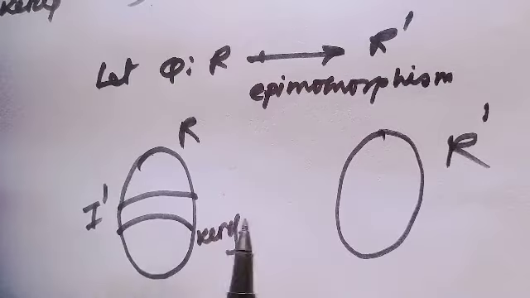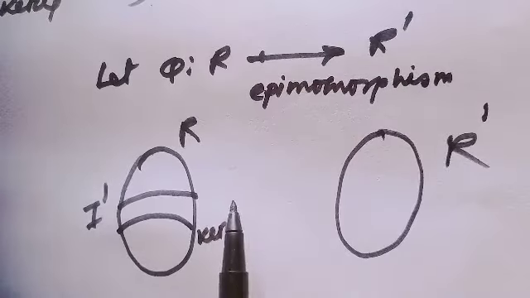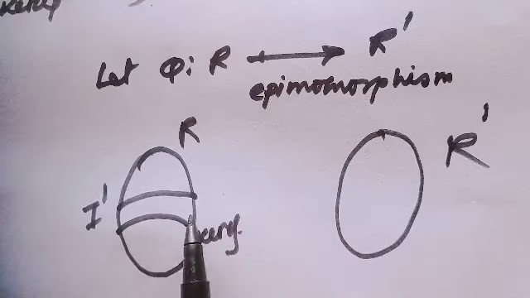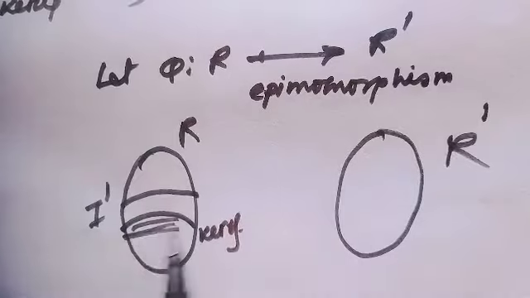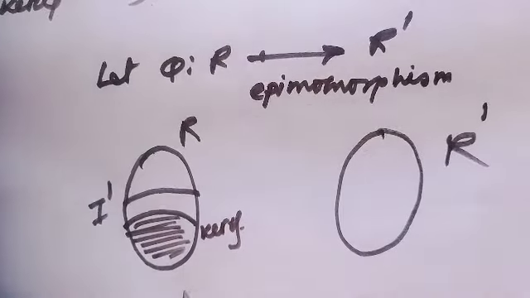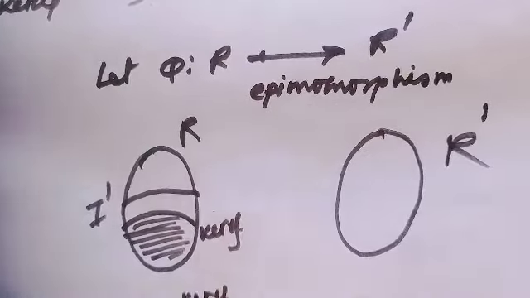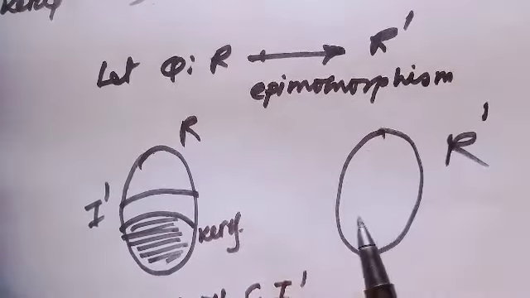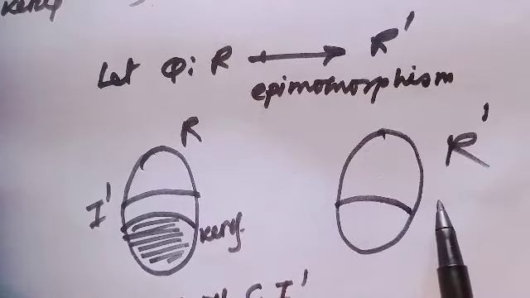There exists a bijective correspondence between the ideals of R that contain the kernel of φ. That means here the kernel of φ is contained in I' to an ideal of R'.